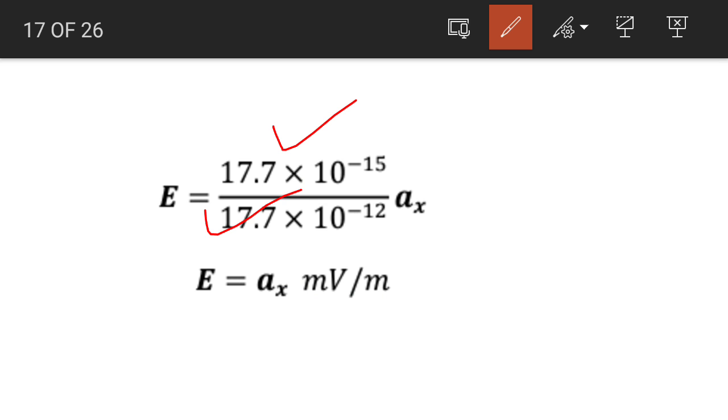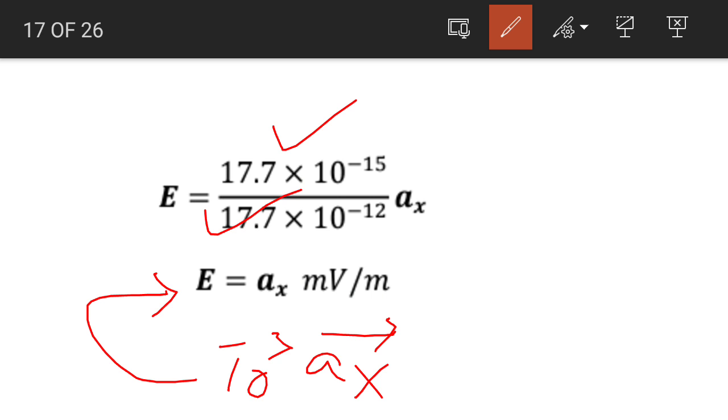So definitely we will get 10 raised to power minus 3 AX volt per meter, and we can write down this equation in this format as well. So please do all the drill problems of chapter number 2 from the recommended book.